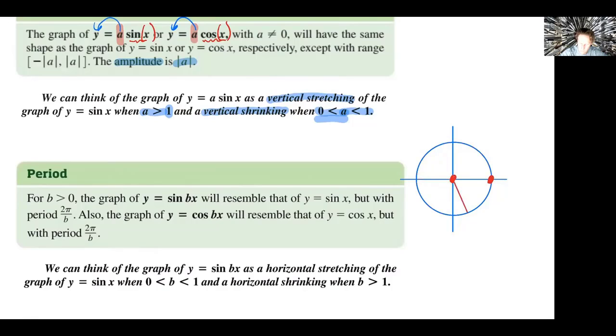So 1 full circle all the way around would be when we start repeating. And because we hadn't talked about the x values having changed yet, you can see here, now we will have something being done to the x. And so obviously it's going to affect our x-axis when we go to graph.